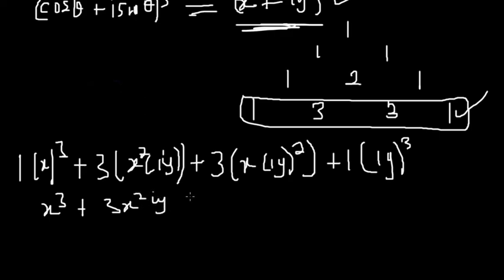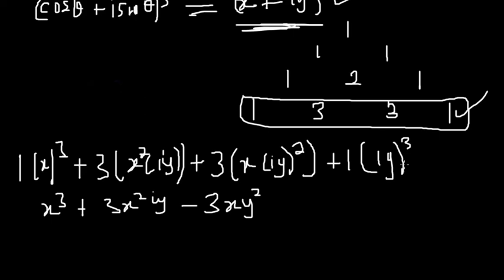iy. And then from this we know that this squared will be i squared multiplied by y squared. Take note, it's the power of the i and the y. It's not just the y, it's for both the i and the y. So we have minus 3x y squared, because i squared is minus 1.